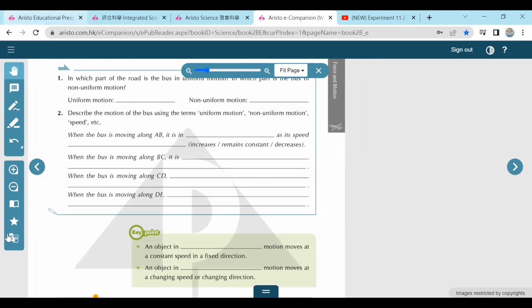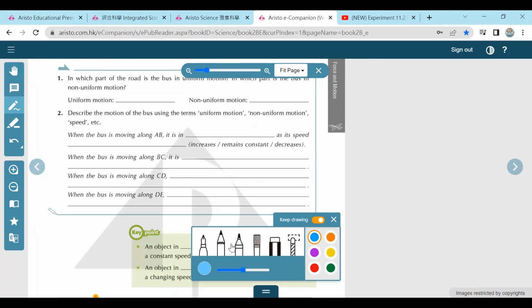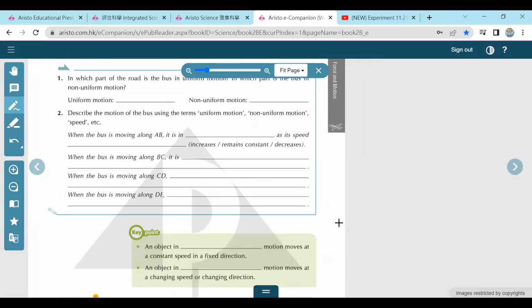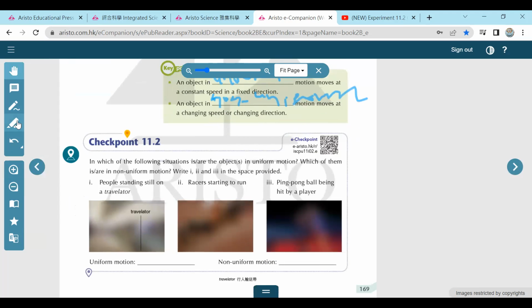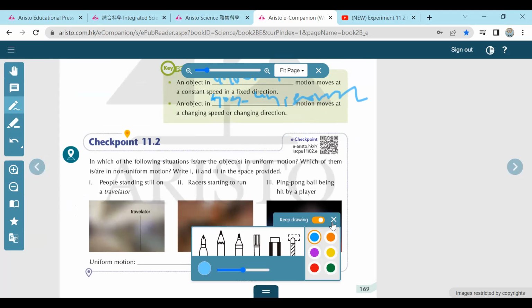Okay, so key point: an object in motion with constant speed is in uniform motion, and this is non-uniform motion.